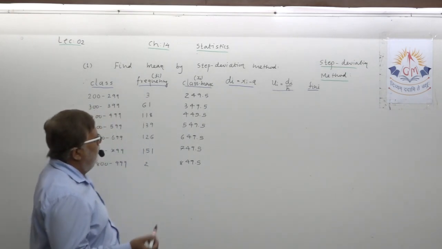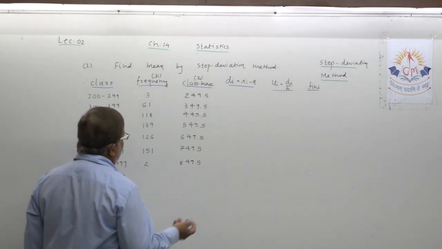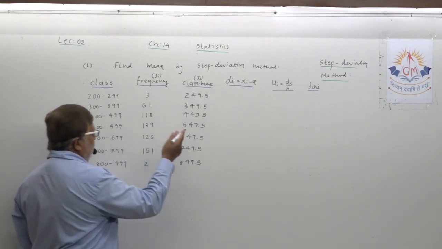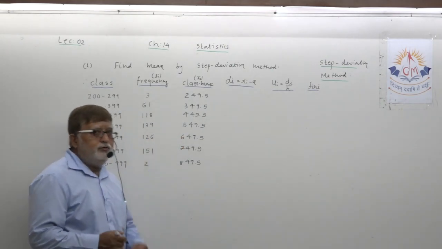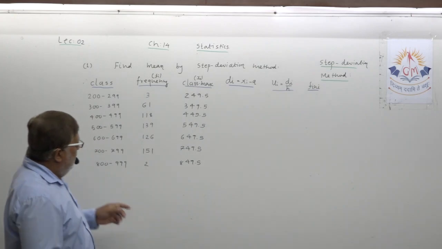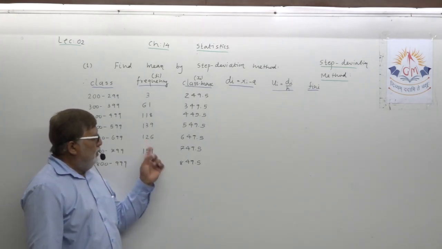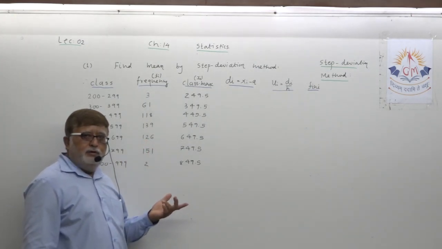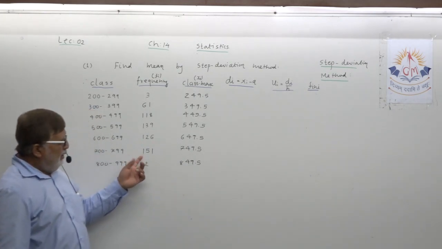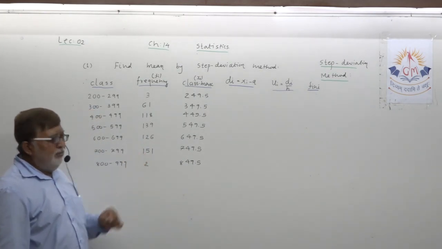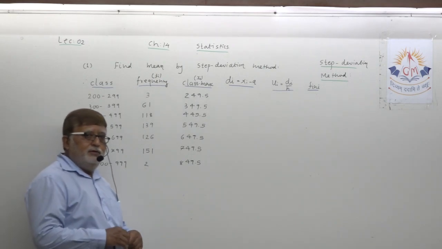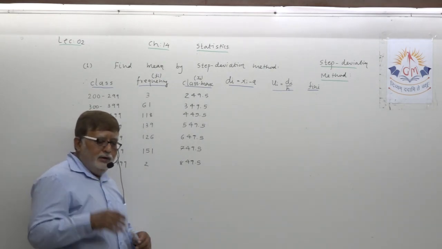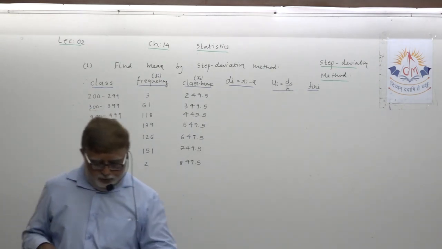Understood? Now, as you all know, dear student, the highest frequency. Watch one thing very consciously. If you take the mid value against the highest frequency, the highest frequency lies here at the bottom. That's why I have selected this example, as many students might have such queries.